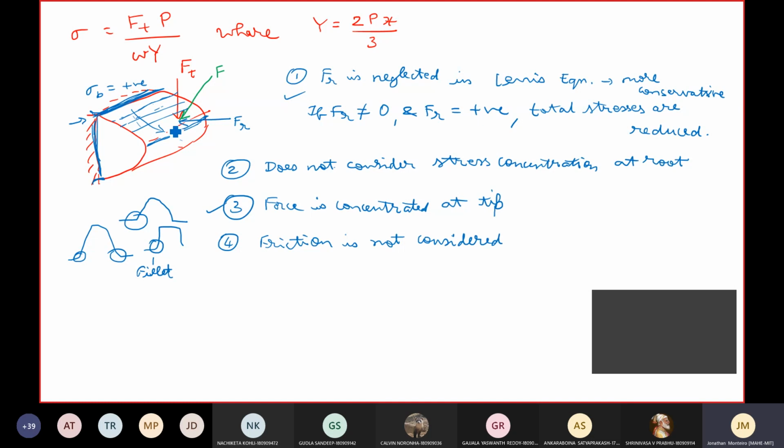There are two actual materials, two metals, which are rubbing against each other. So there is friction, there is heat generated. So this Lewis equation does not take into account all those factors in its primitive form.